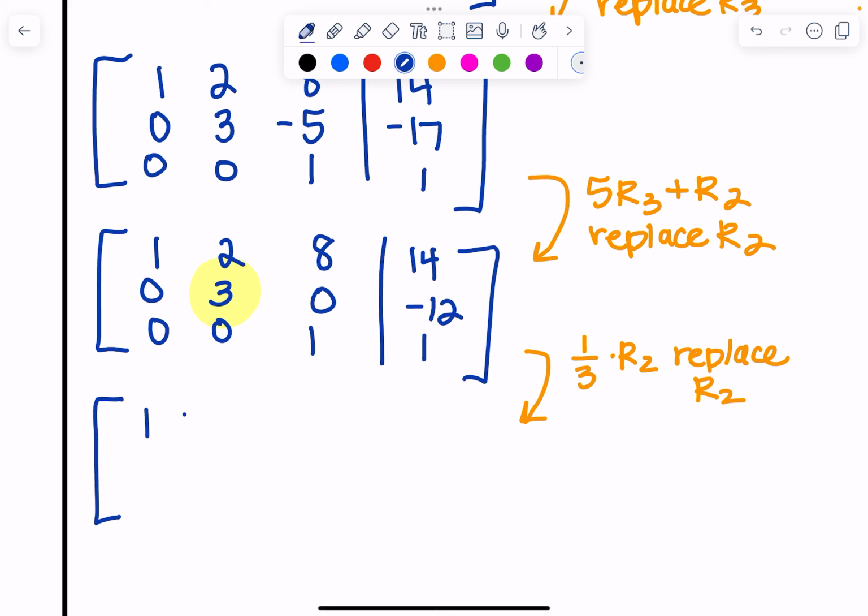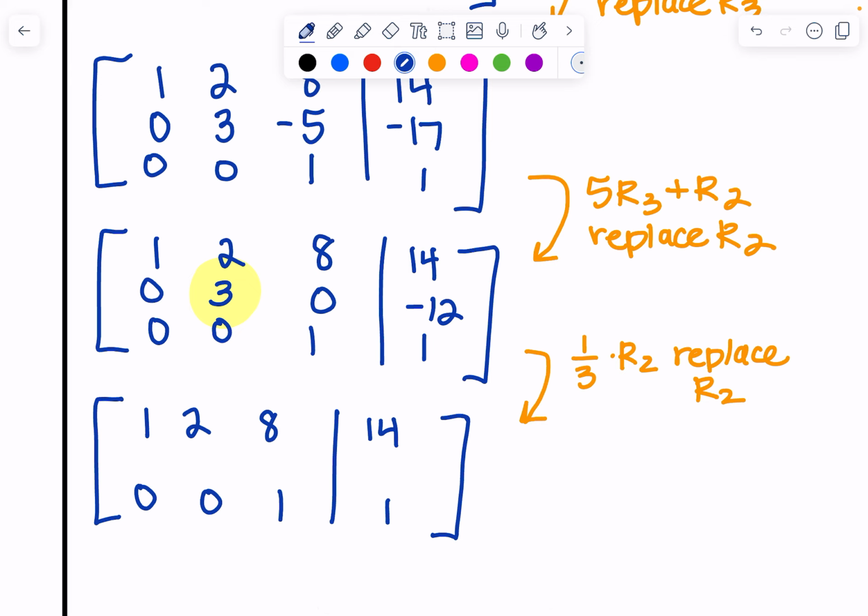So I'm going to keep 1, 2, 8, 14. And my bottom row 0, 0, 1, 1. And then that middle row, 0 divided by 3 is 0, 3 divided by 3 is 1, 0 divided by 3 is 0, and then negative 12 divided by 3 turns into negative 4.